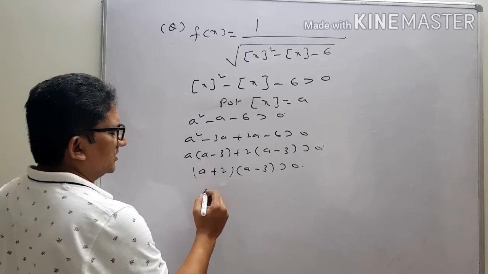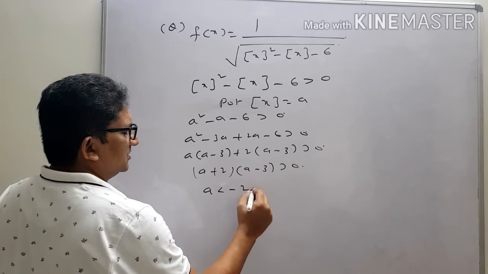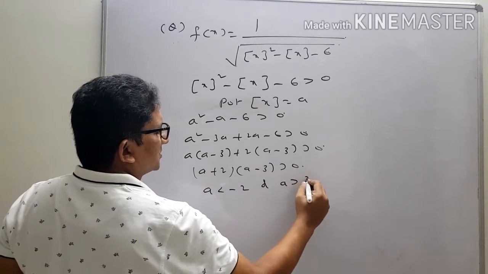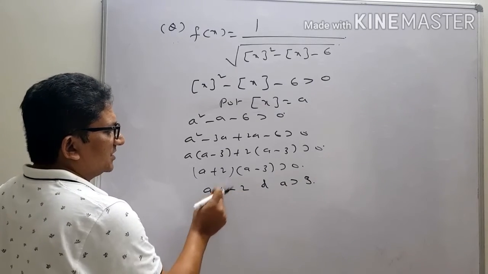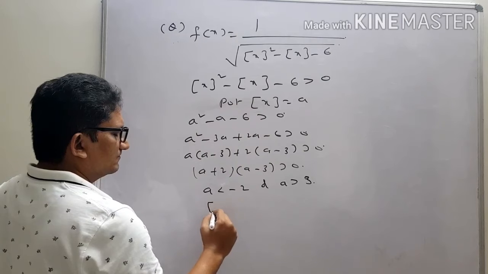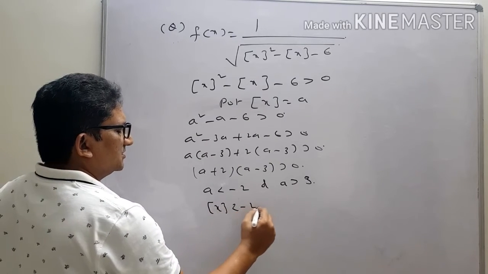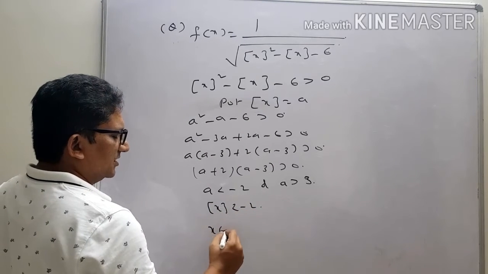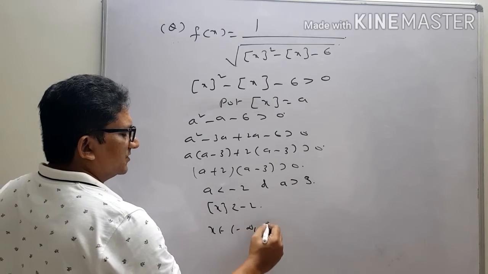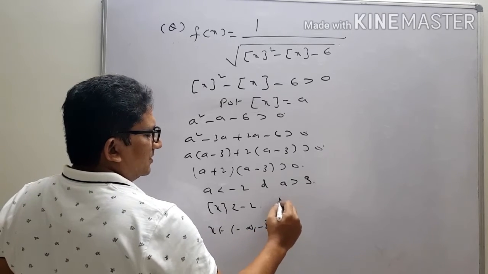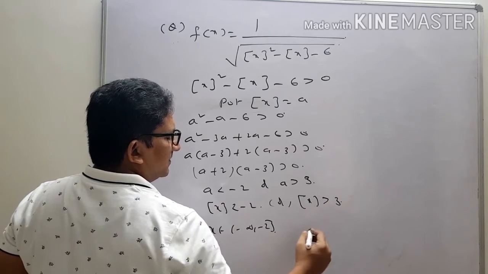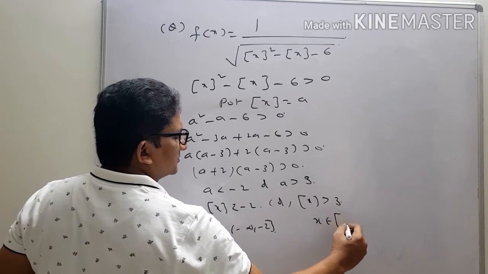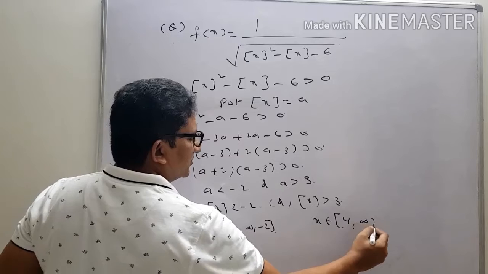Okay. So now we will get a is less than the least value, or a is greater than the highest value. So a means what here? [x]. [x] is less than minus 2 means x belongs to minus infinity comma minus 2, or [x] is greater than 3 means x belongs to, the next integer is 4 to infinity.